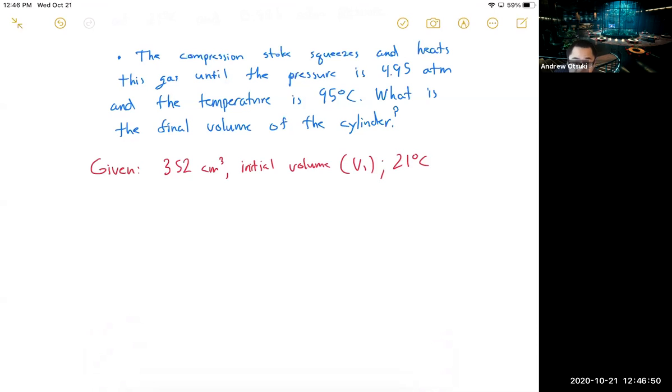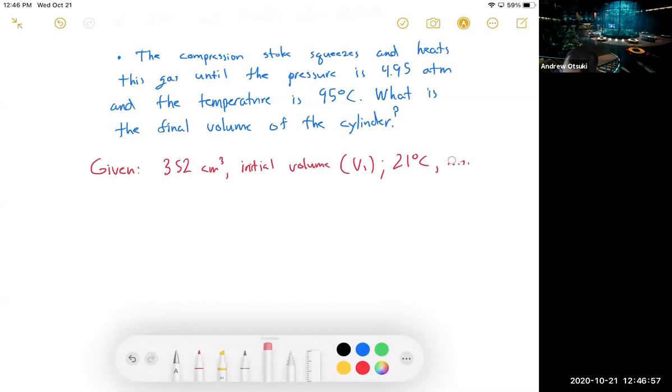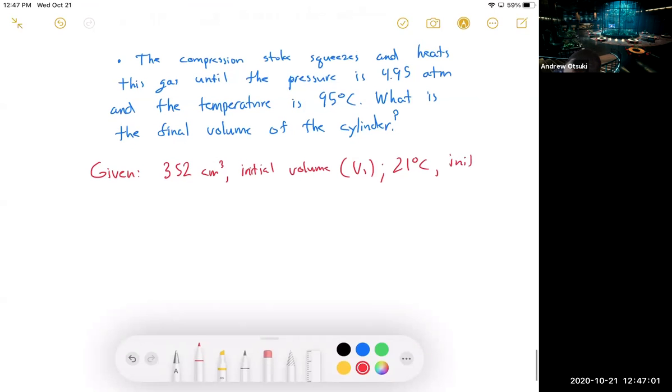That is my initial temperature, T1. Now I have 0.945 ATM.